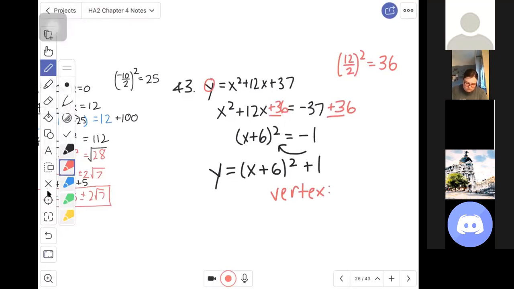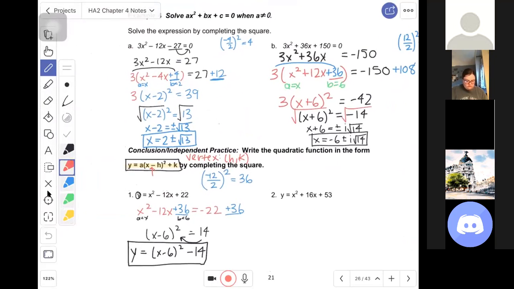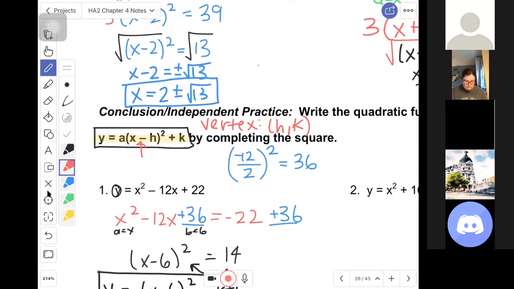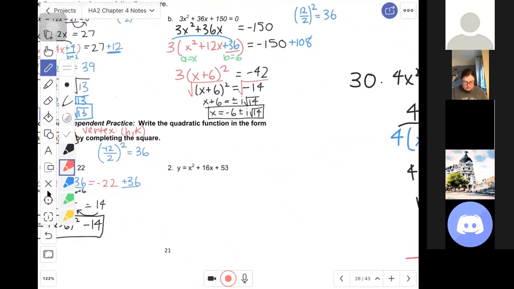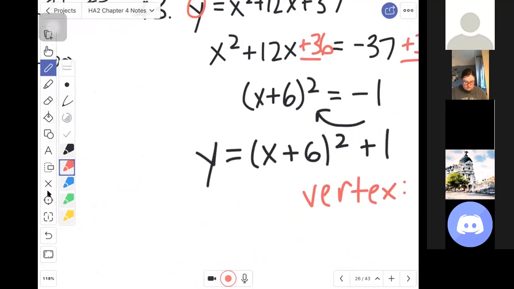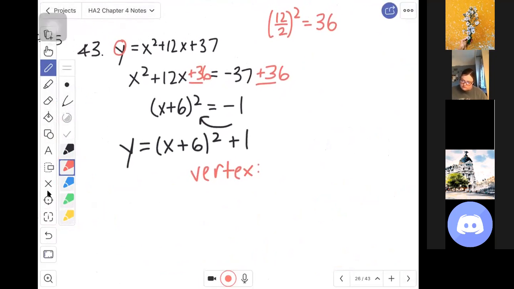So then Gabby Snyder, what would our vertex be here if we just talked about it right there? If our vertex is h, k from that formula, what would it be for this problem? Would it be 1? So it's an ordered pair, you have x and y.